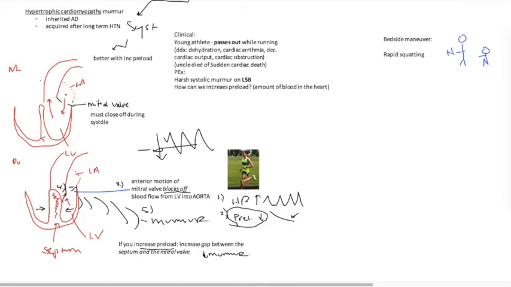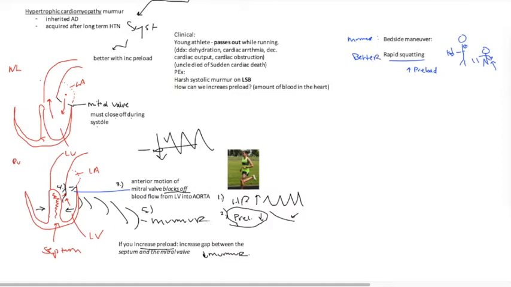So if here's his heart and the inferior vena cava is right there, all that blood sort of went into the heart, right? So that increased preload. It's kind of hard for me to explain that in any other way, but rapid squatting increases preload. So the murmur gets better, meaning the murmur goes away.